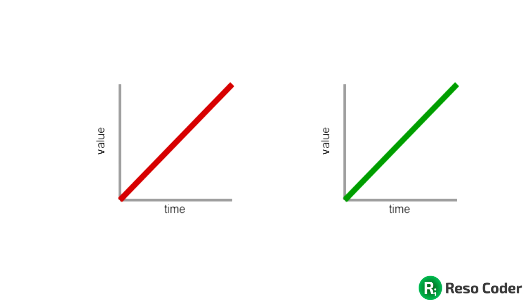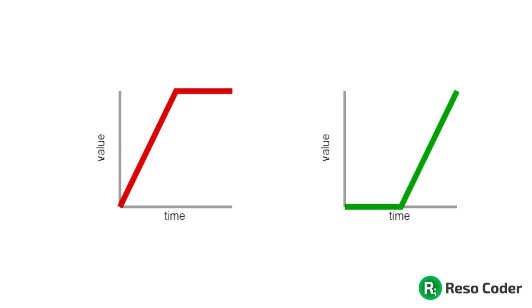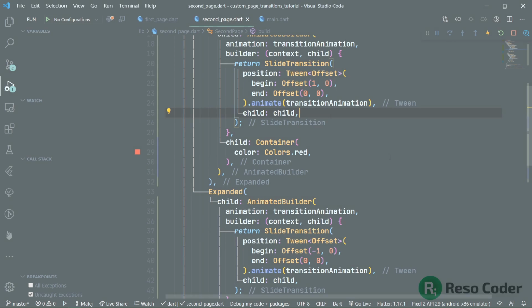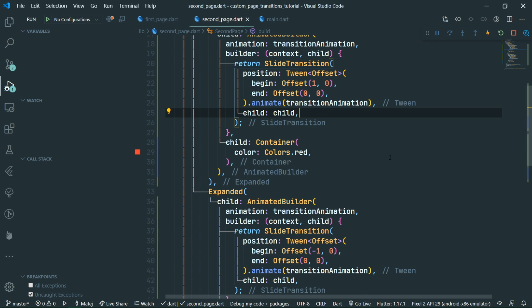What we want to do instead is to change the curve so that the red animation will arrive at the value 1 first, and only then start changing the value of the green animation, as you can see on the charts right now. This is achievable by using an interval curve in conjunction with a curved animation, which will be driven by our transition animation.